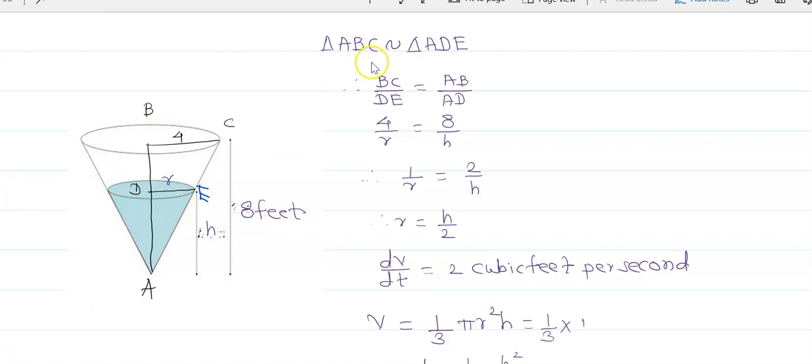Now these two triangles are similar. Therefore, their corresponding sides are in proportion. That is BC upon DE is equal to AB upon AD.